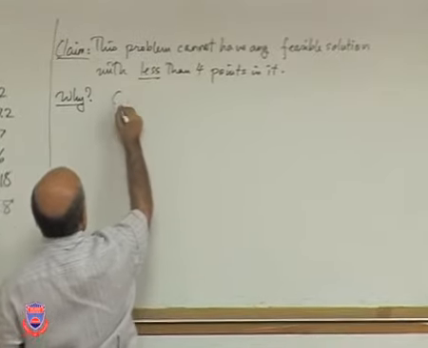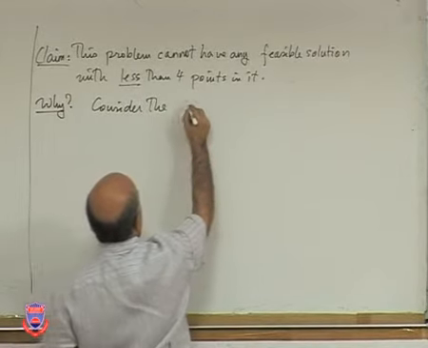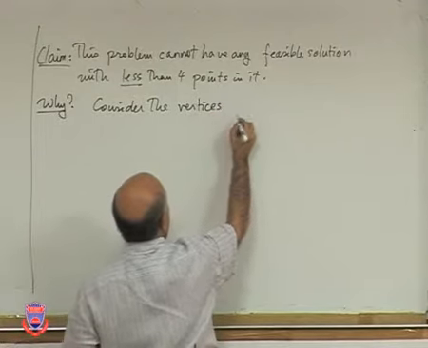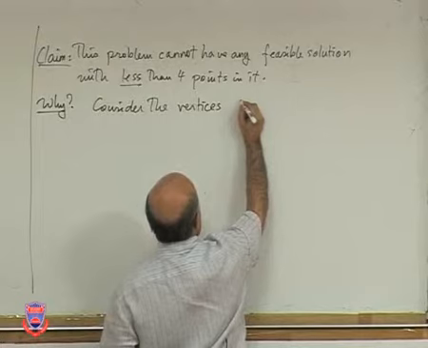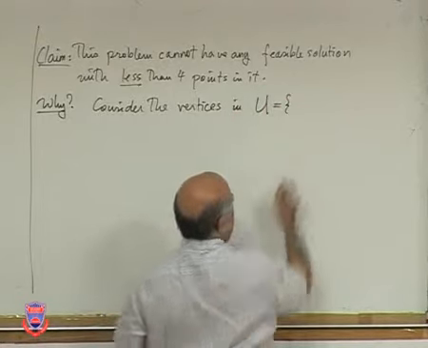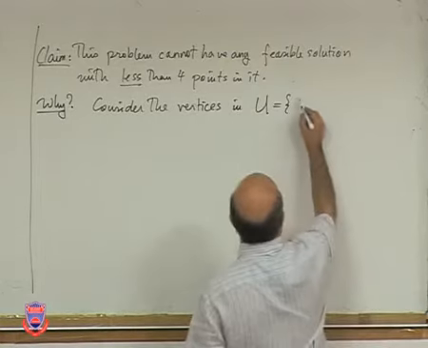So, consider the vertices whose indices are in U. U is what set? 3, 1, 6, 5.